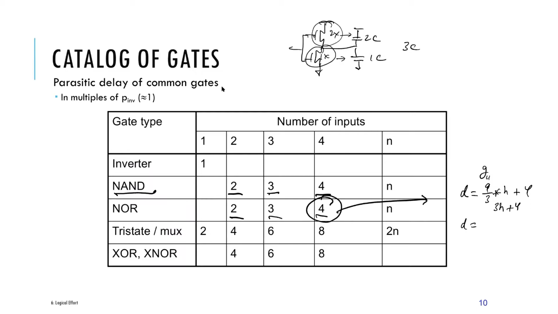The delay for an inverter, if you remember, was 1 times H plus 1, or H plus 1. And you can see how much slower a 4-input NOR gate is than an inverter. So that's also telling you, if you want to go fast in CMOS, you really want to keep the number of inputs in your stages low.